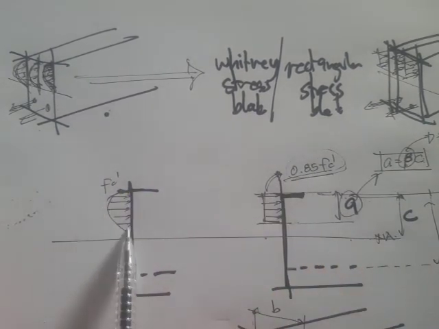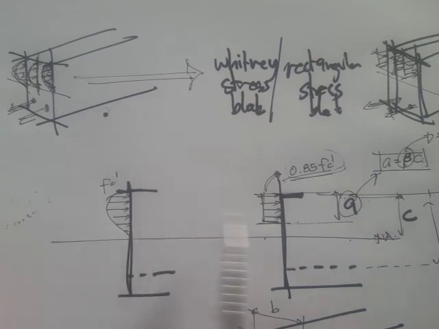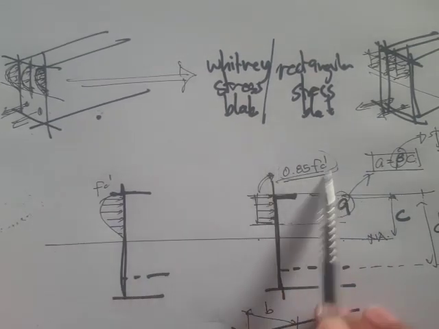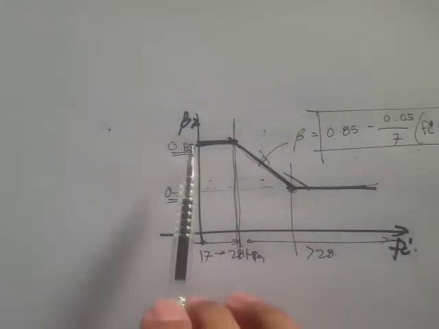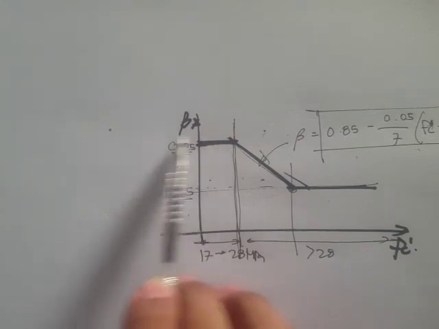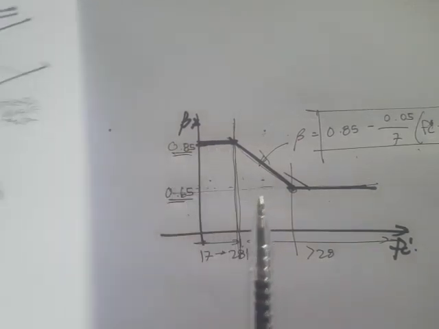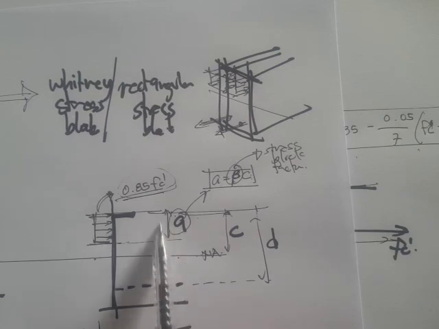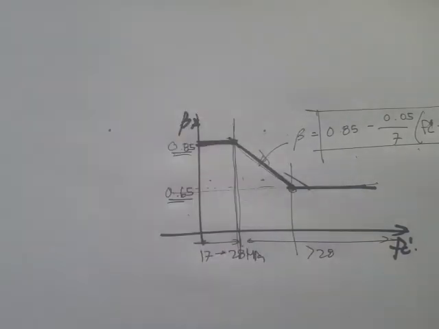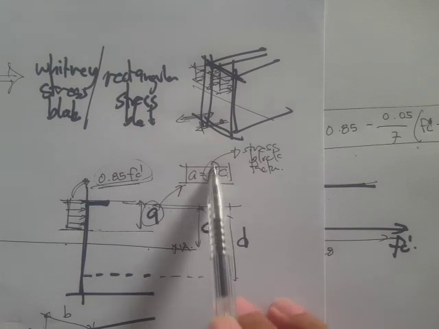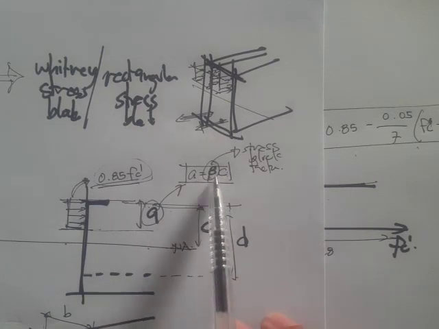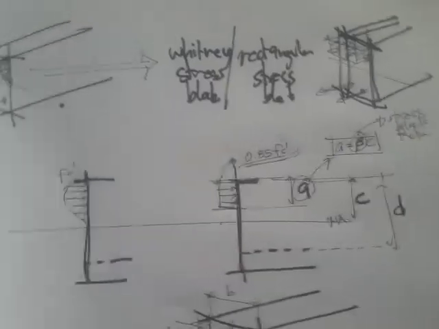If you transpose this parabolic distribution to a rectangular one, what we get is 0.85 FC prime. For this other value, the 0.85 is the one we need when we compute the depth of stress block, and this beta depends on the strength of concrete.